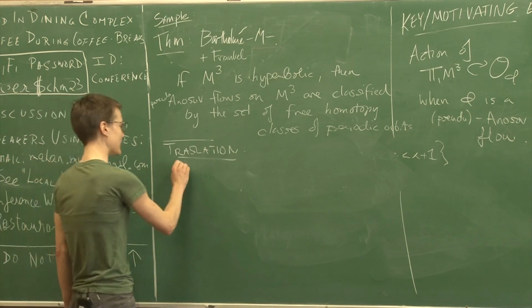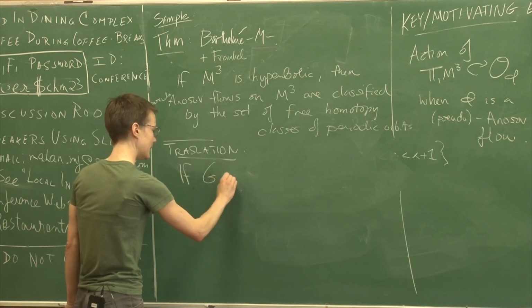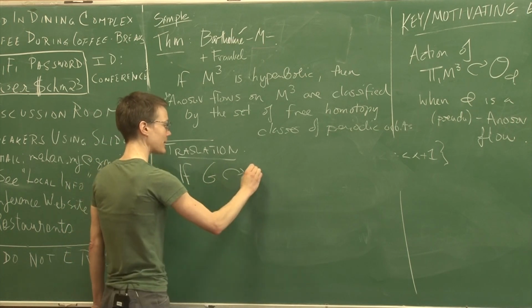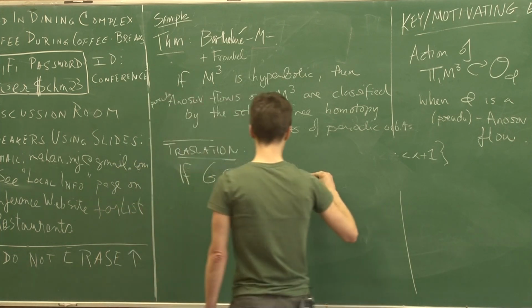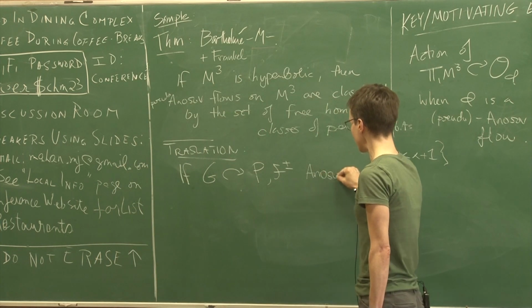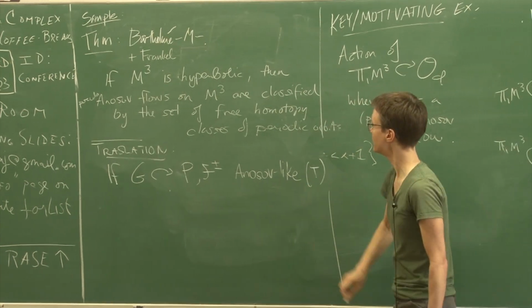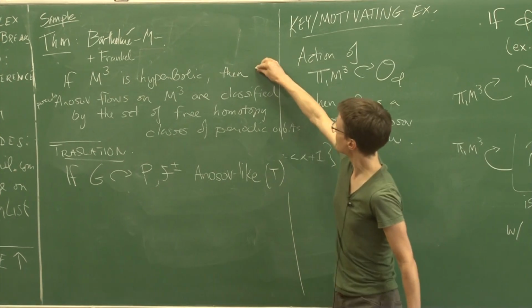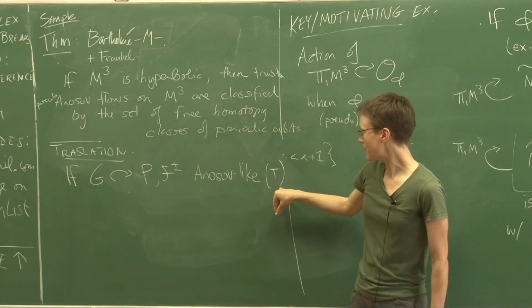Here's the theorem. If you have a group G that acts on a bifoliated plane, and this is Anosov-like and transitive, oops, this should say transitive. Okay.